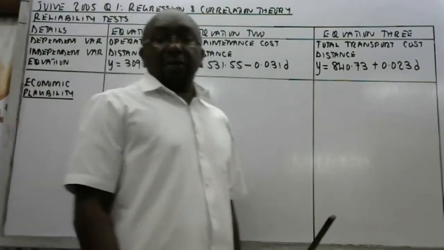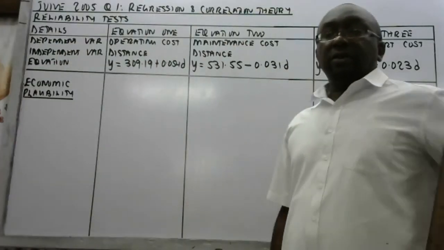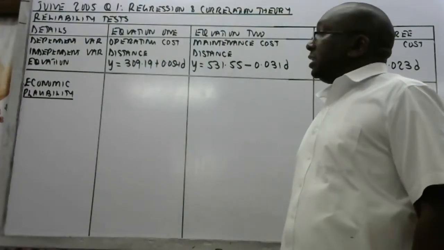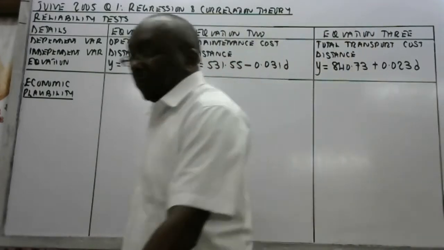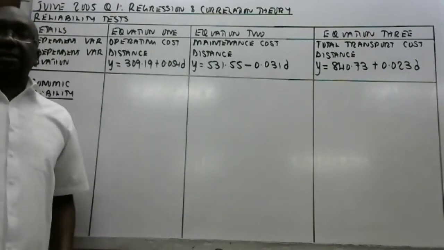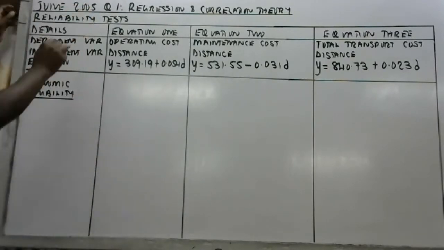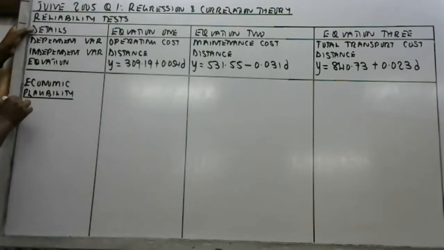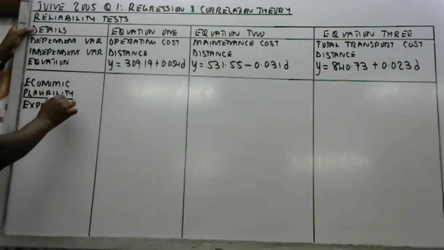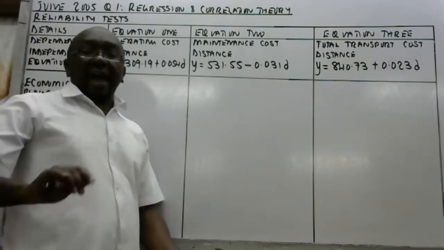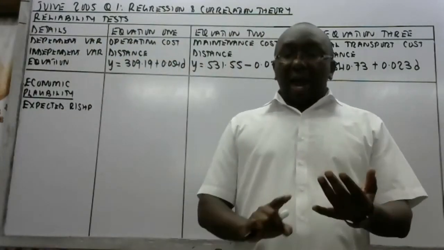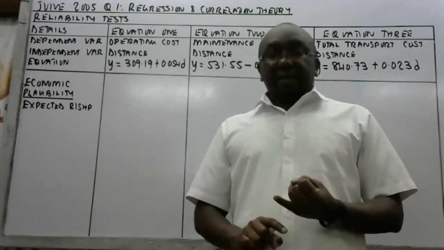Now, economic plausibility, as you check later on in your notes, it simply checks whether the relationship is in agreement with what you would expect. So there are three things that you do. One is the expected relationship. You identify the expected relationship. Just to remind you, there are three types of relationships. One is called direct.